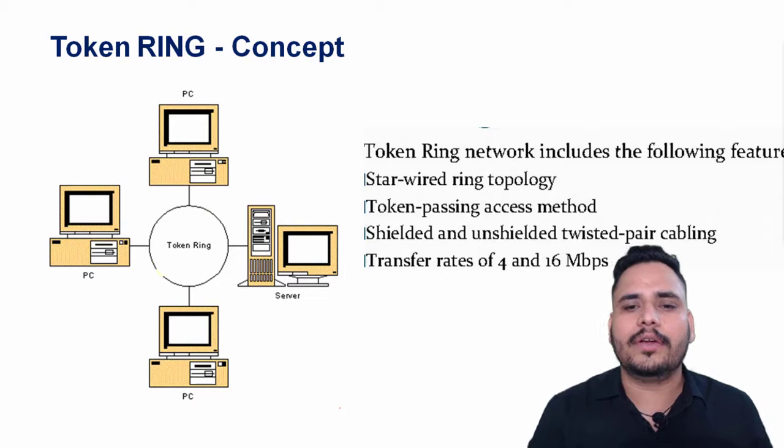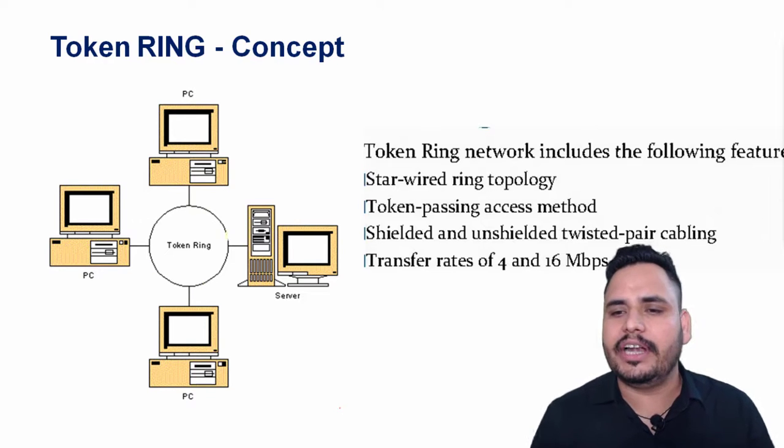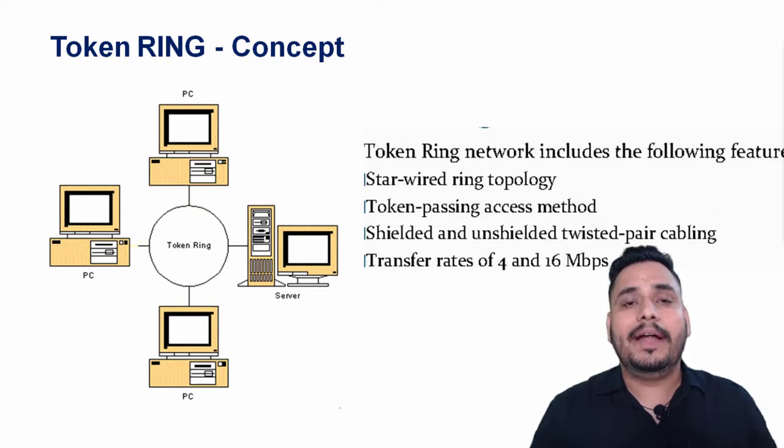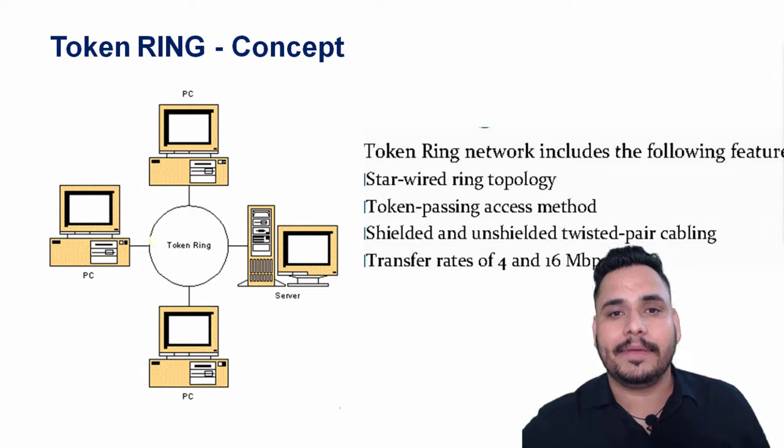In this token concept, shielded and unshielded twisted pair cabling is used, and the transfer rate of the cable is 4 and 16 Mbps.